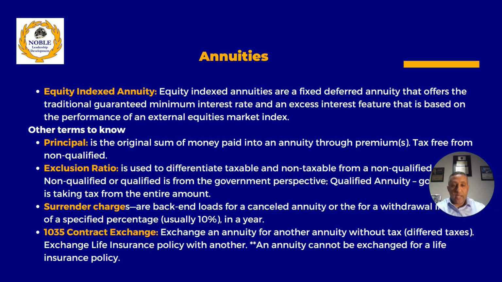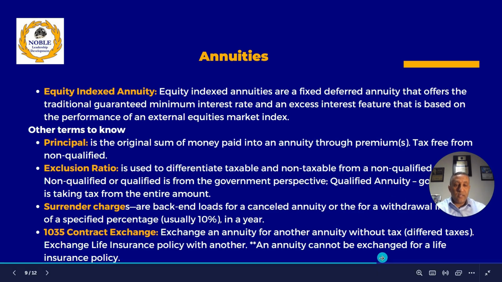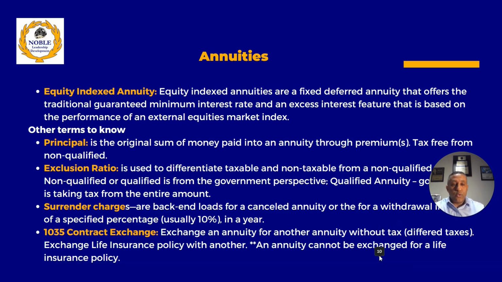An annuity cannot be exchanged for a life insurance policy. So that's the only thing that you cannot do in a 1035 exchange. A 1035 exchange moves the cash accumulation to another plan. It's deferring taxes, right? So you don't pay taxes because you are not taking a distribution out, you're just moving it.